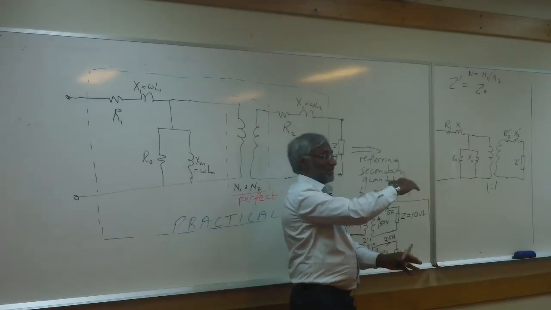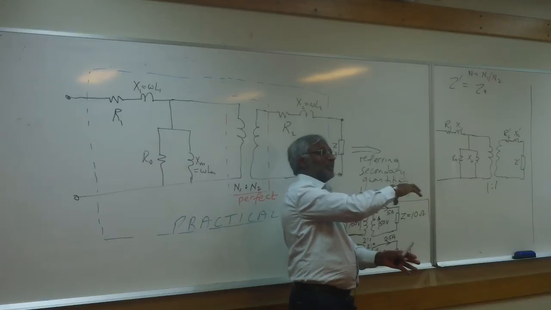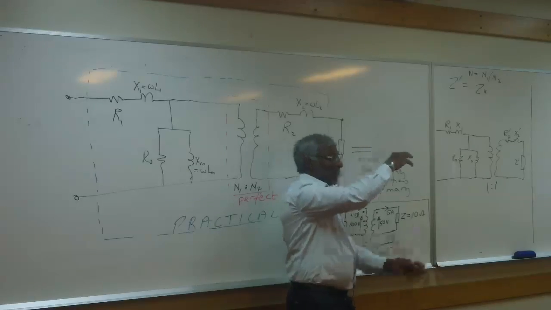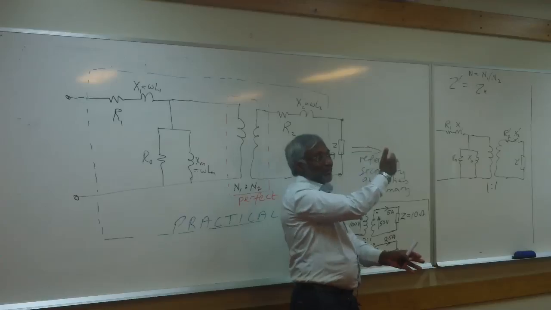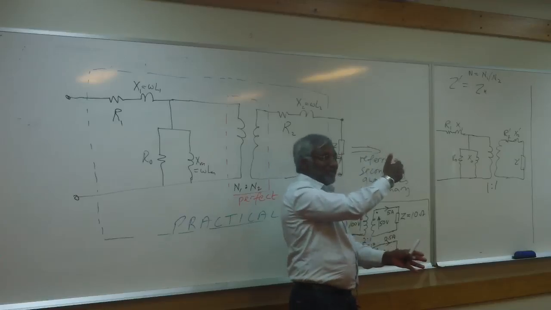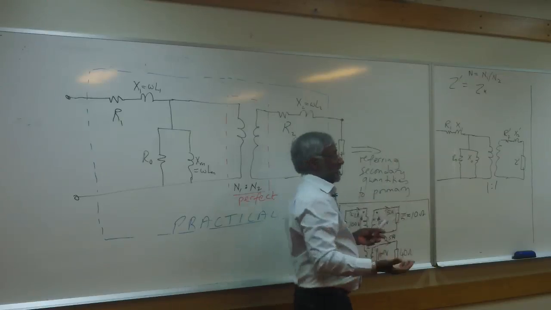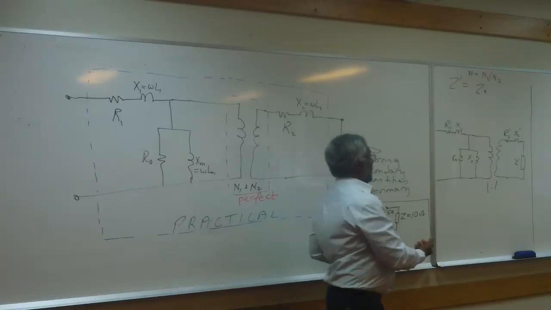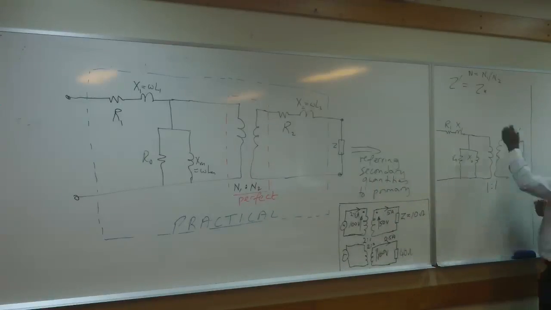Do you get that? Because impedance is voltage divided by current. So if voltage is going up by a factor of 5 and current is coming down by a factor of 5, your numerator has gone up by a factor of 5, your denominator has gone down by a factor of 5, so that gives you a factor of 25. Very clear mathematics. So therefore, we're going to multiply here by n squared.